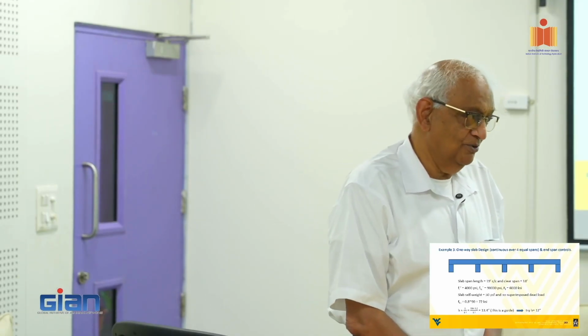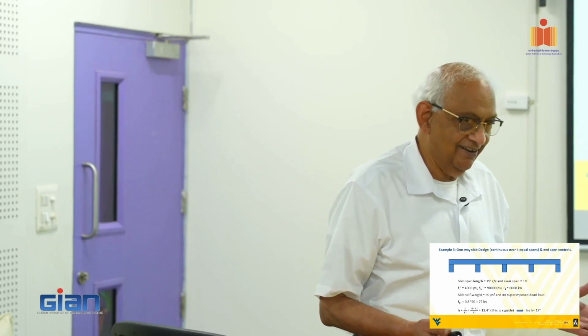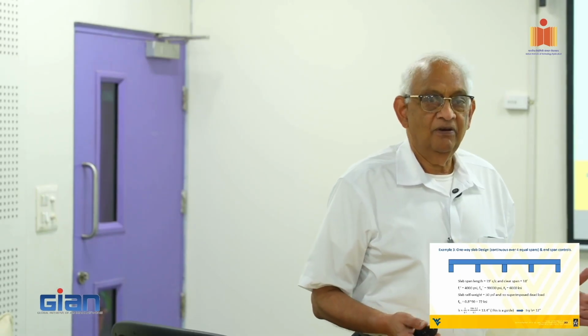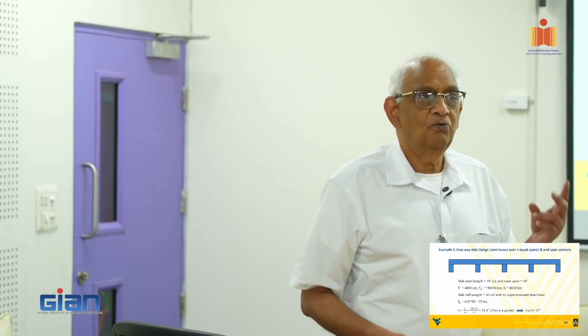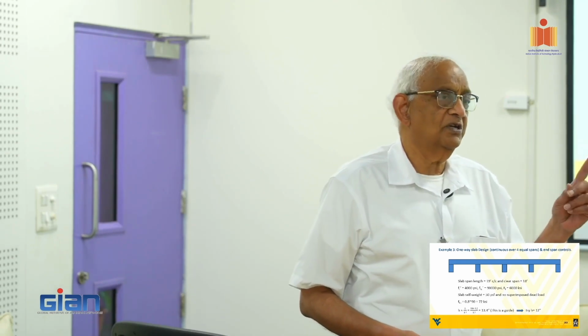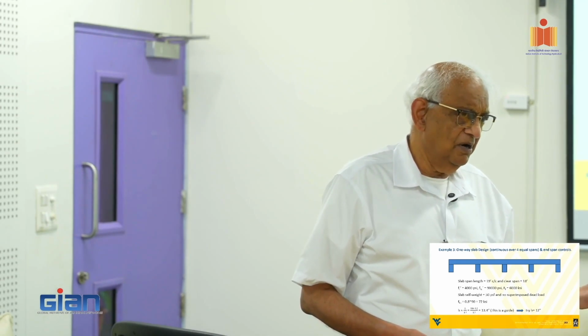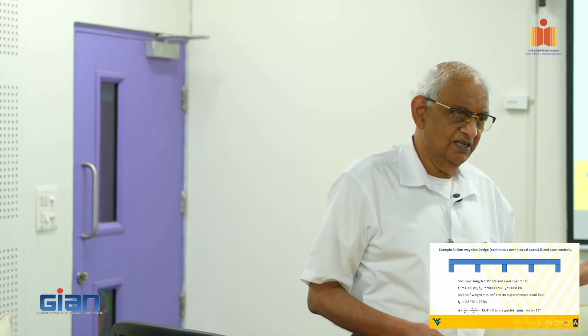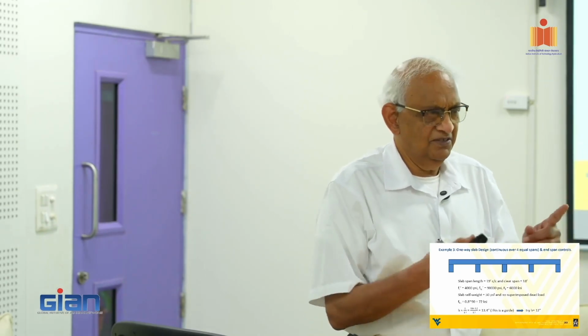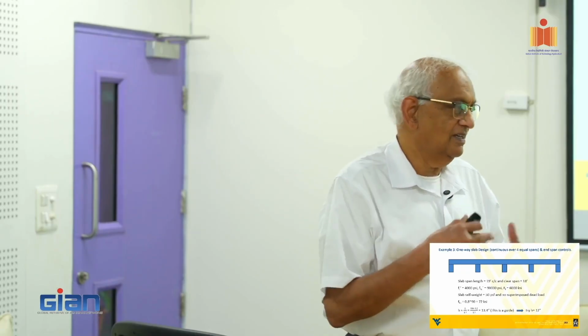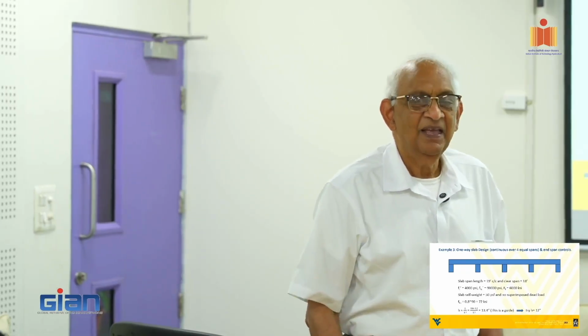Mathematically it sounds good, but a designer doesn't care. Therefore, what I'm trying to say is, first thing you should recognize, there is a positive moment, meaning causing tension at the bottom, and a negative moment causing tension at the top. That's positive, negative, it's a definition, right? So how do you recognize that? If you draw a bending moment diagram, you will see that. That's the first thing you appreciate.